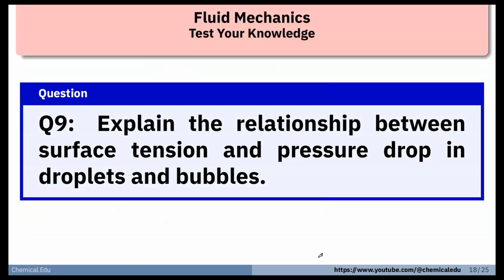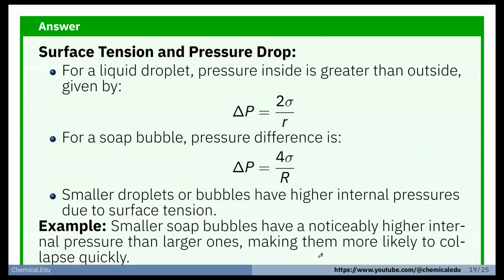Question number 9. Explain the relationship between surface tension and pressure drop in droplets and bubbles. Surface tension and pressure drop: for a liquid droplet, pressure inside is greater than outside, that is given by del P is equal to 2 sigma by R. For a soap bubble, pressure difference del P is 4 sigma by R. Smaller droplets or bubbles have higher internal pressure due to surface tension.